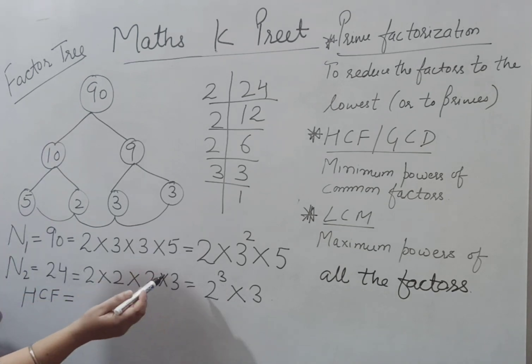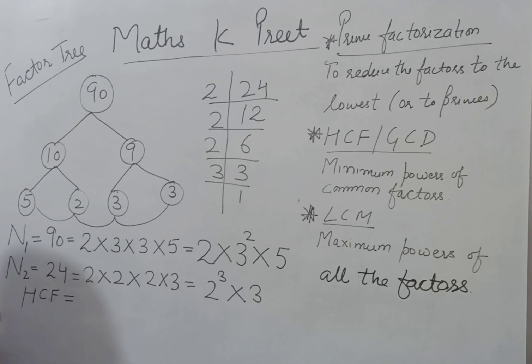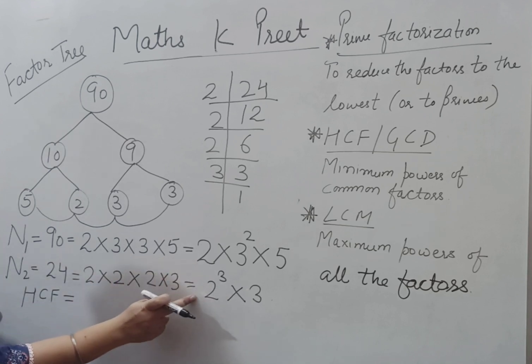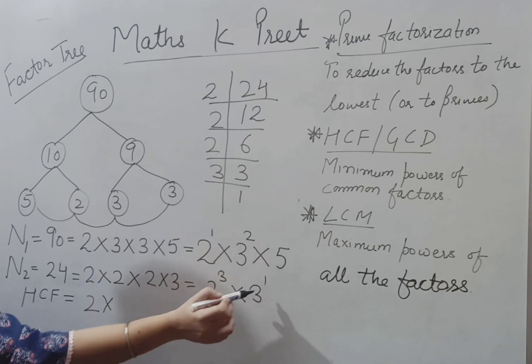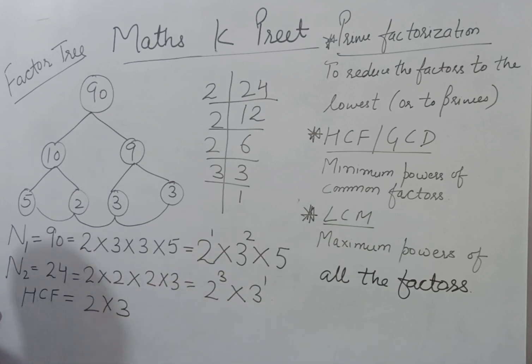Here we are taking two numbers, so we check the common factors. 2 is common in both the numbers, 3 is common in both the numbers, but we take the minimum power of the common factor. The minimum power of 2 is 1, and the minimum power of 3 is again 1. We have nothing to do with the 5 because it is not a common factor. So 2 into 3 is 6. This is called the HCF of 90 and 24.